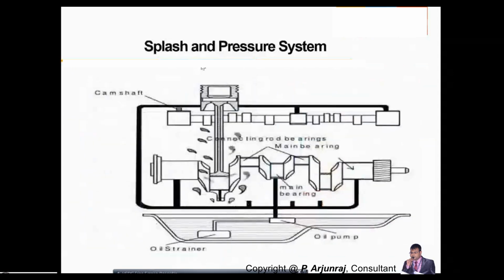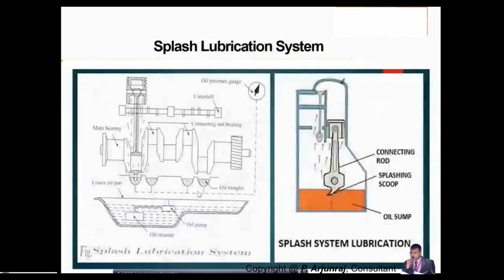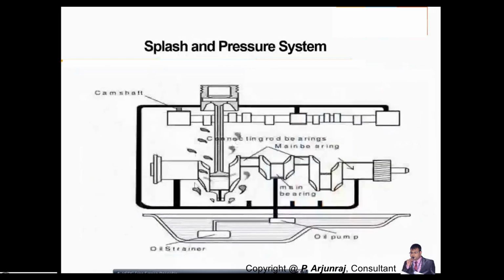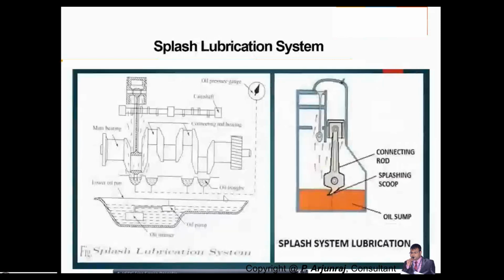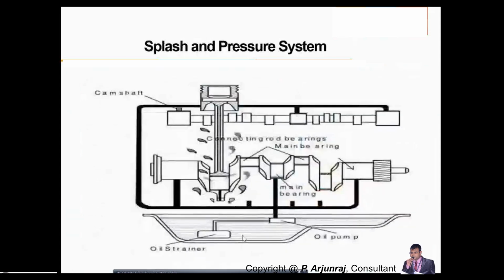And you have the splash, basically a spray kind of thing with higher pressure. So here you don't have much higher pressure, but for higher configuration, or when the engine is running at higher RPM, you can use the splash lubrication system for the low configuration engine, and you can use splash and pressure system for high configuration engine as well.